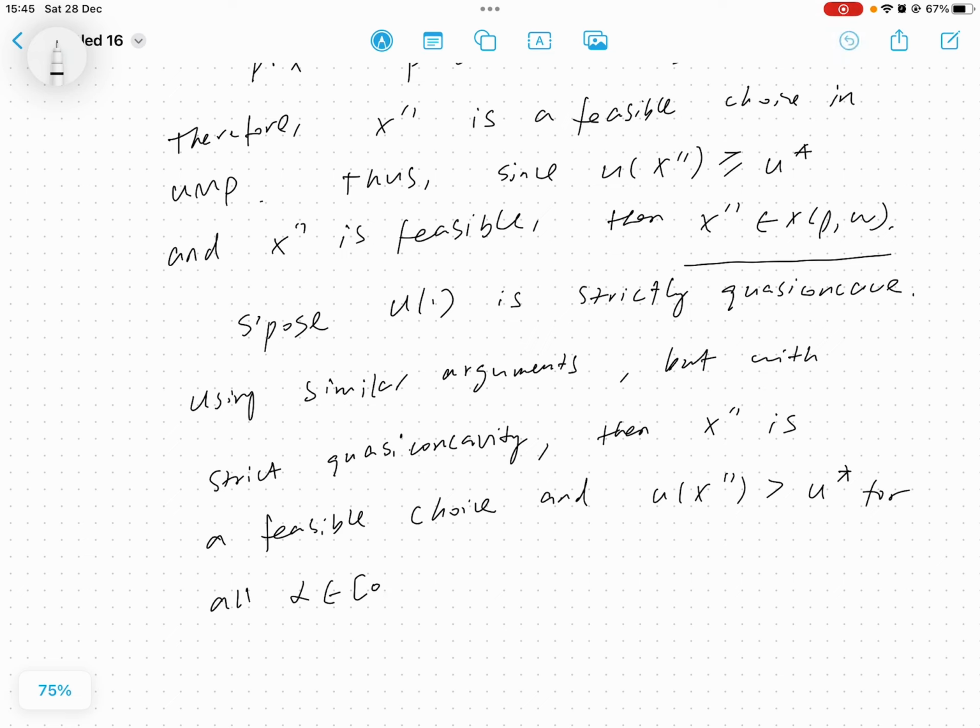This has to be an open set, right? We're using the strict convexity here.